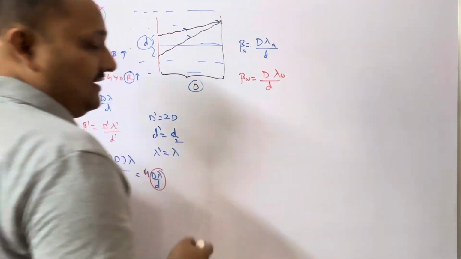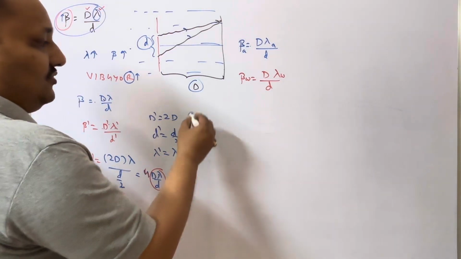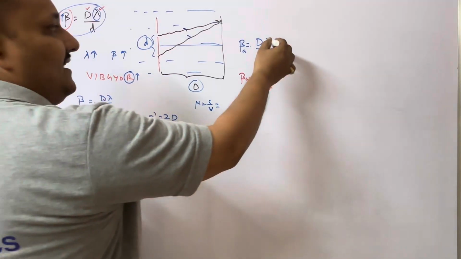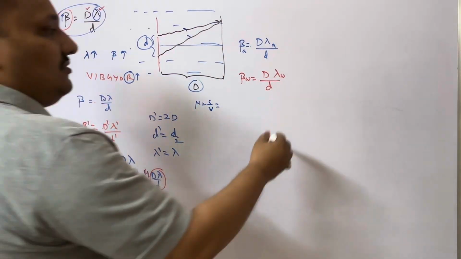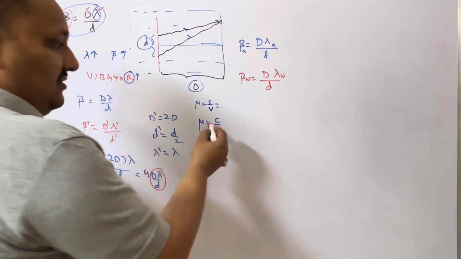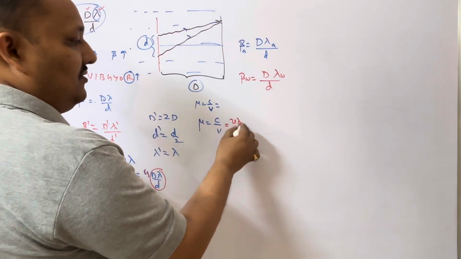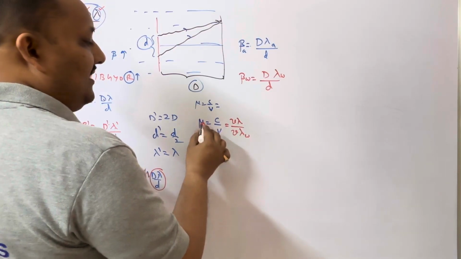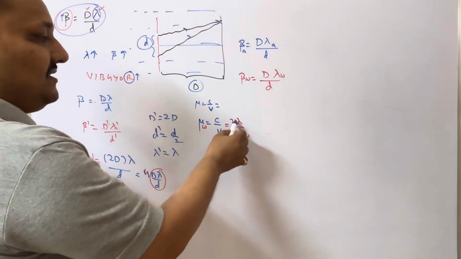In previous wave optics we discussed the refractive index definition. So mu is equal to C by V, where C is the velocity of light in vacuum and V is the velocity of light in the medium. So what is the relation between lambda in air and lambda in water? Taking the refractive index of water as mu, what is not changing whenever the medium changes?